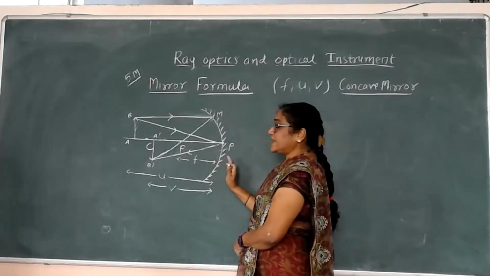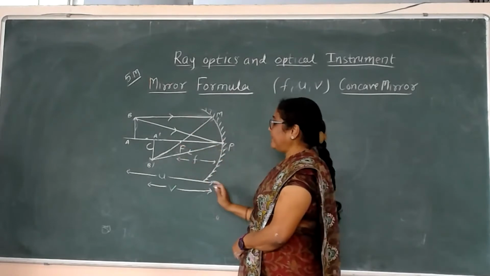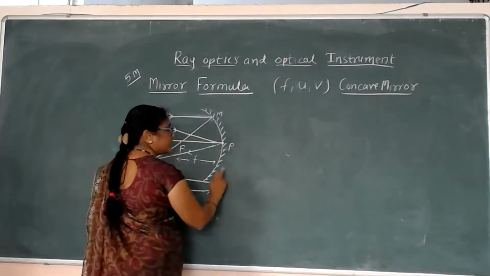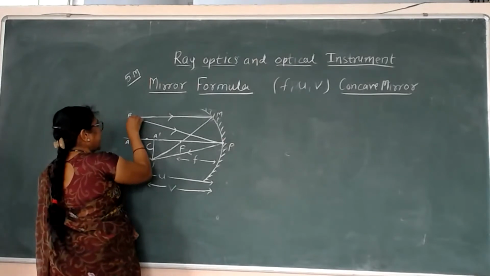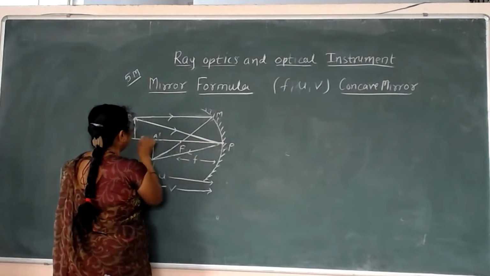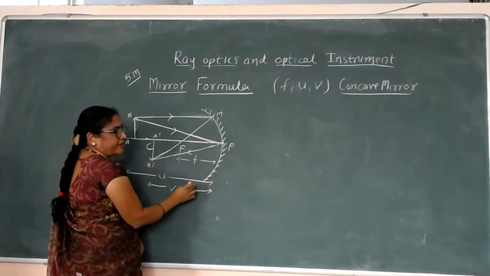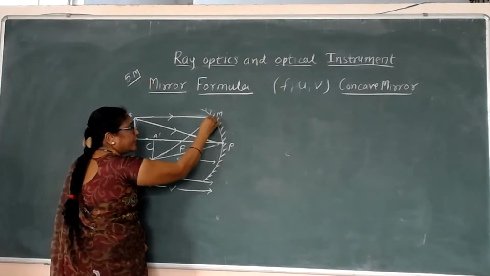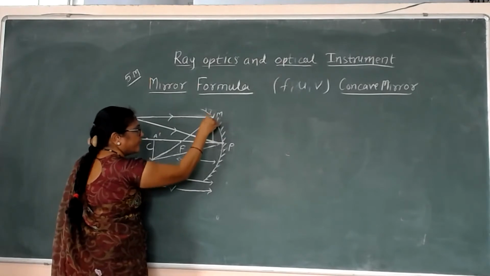To derive this expression between U, V and F, first consider the similar triangles. See in this figure, there are similar triangles. So here, A, B and P. This is the curvature.